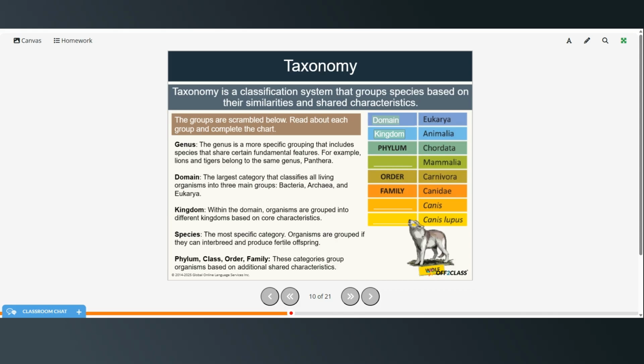The most specific category here would be species. And then genus, I believe, would be here. And then class.